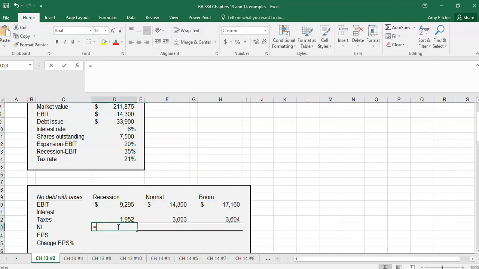So our net income is EBIT minus taxes. And earnings per share, of course, is net income divided by the number of shares outstanding. So net income divided by our shares outstanding of 7,500.